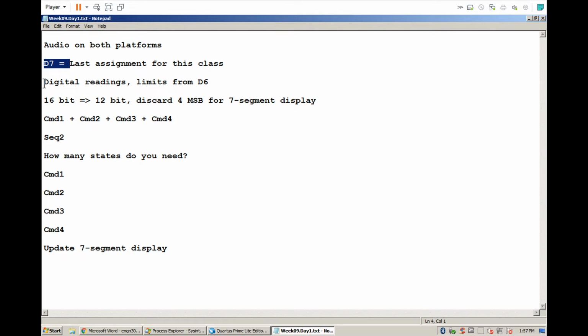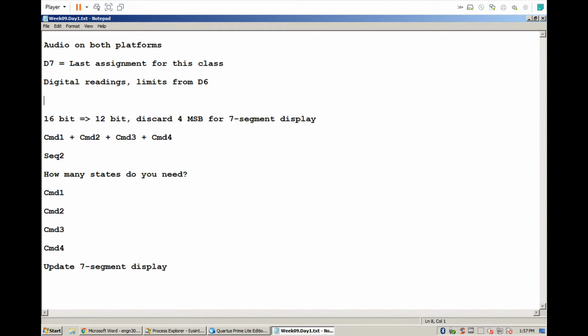From these 6 assignments, when you work on it, you realize that the reading limits are FF00 to 00FF. Look at your reading.